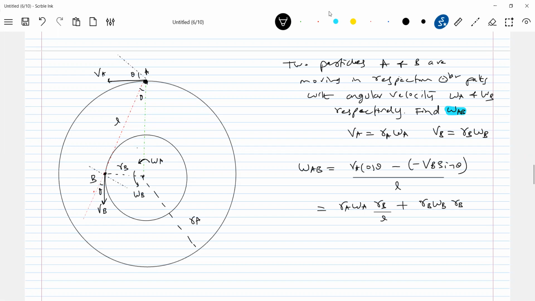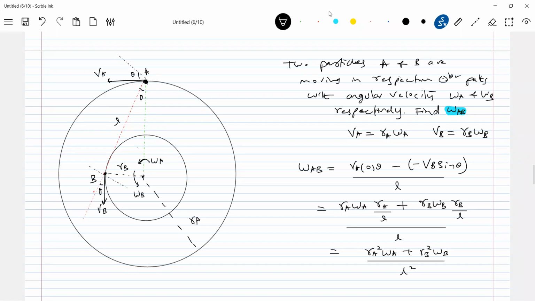Sin theta is... cos theta is RA by L, no? Yeah. This will be RB by L. Let it be, this is equal to omega A plus omega B, RA square omega A, RB square omega B by L square.